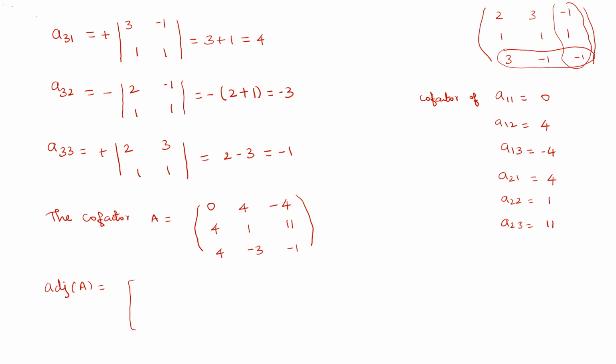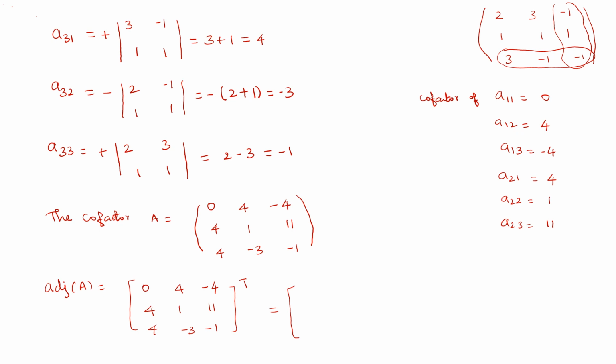So we take a transpose of the given cofactor. So 0, 4, negative 4, 4, 1, 11, 4, negative 3, negative 1, the transpose. What is transpose? The transpose of A means we interchange the row and the column. The columns are replaced by the corresponding row.